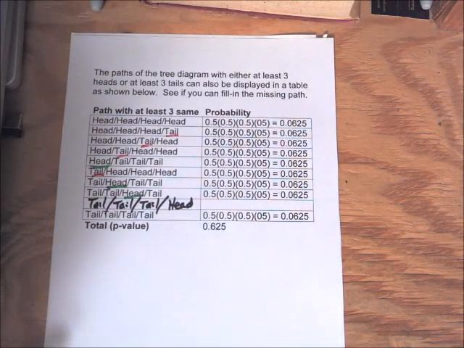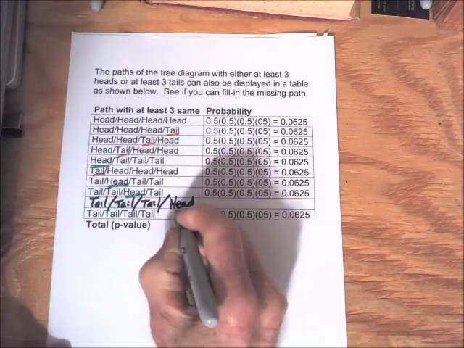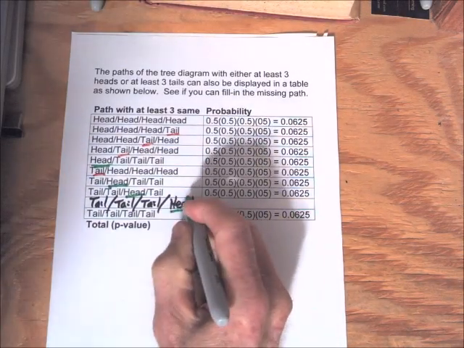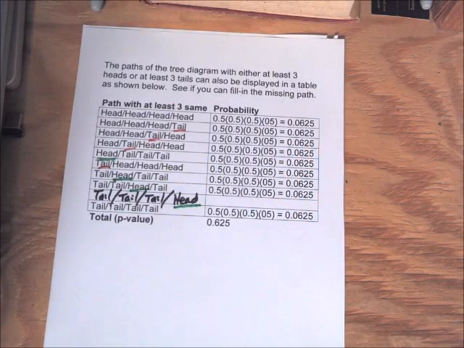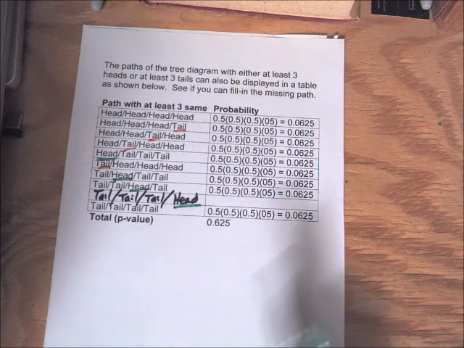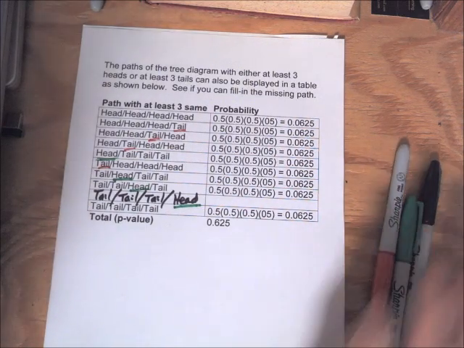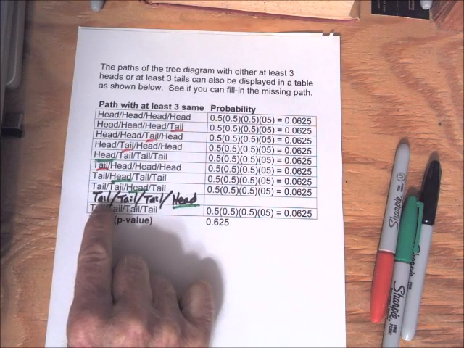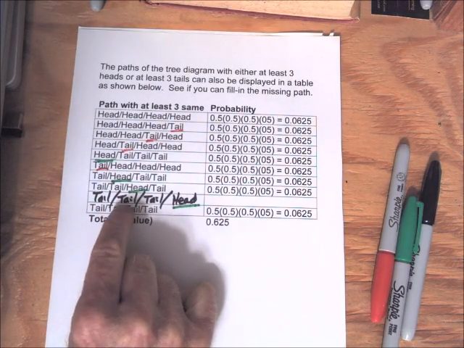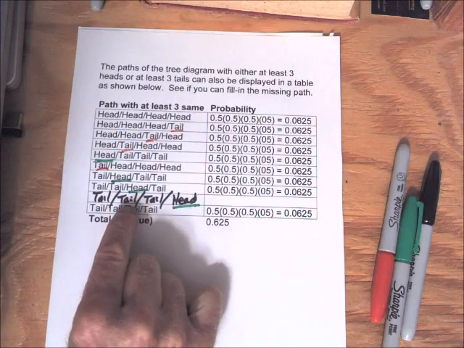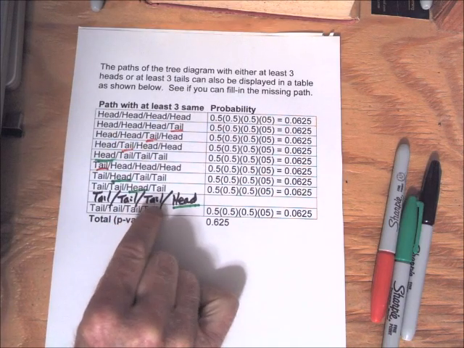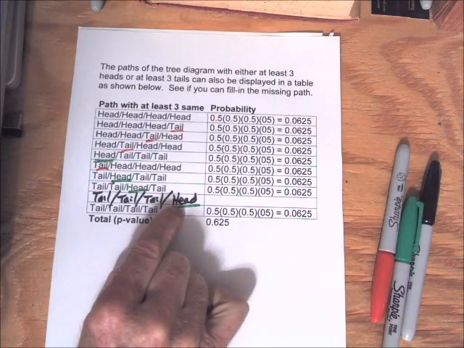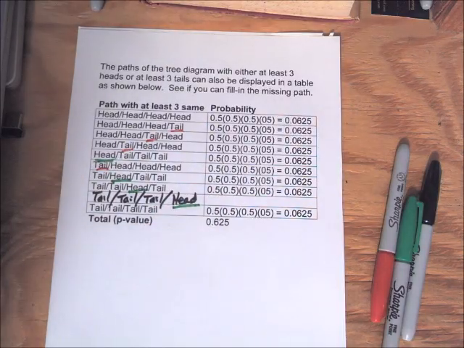So if you're doing it in Pearson MyLab, you need to fill this in exactly the way, in the exact same format, as they're using for those other paths. So you're going to write out Tail, capital T, small letter A-I-L, slash, and Tail again, slash, Tail, slash, and then capital H for Head, H-E-A-D.